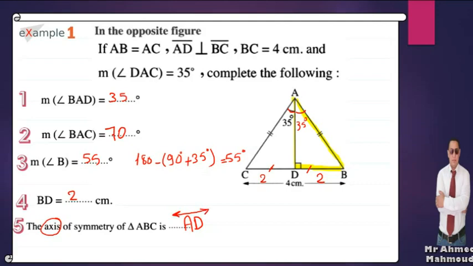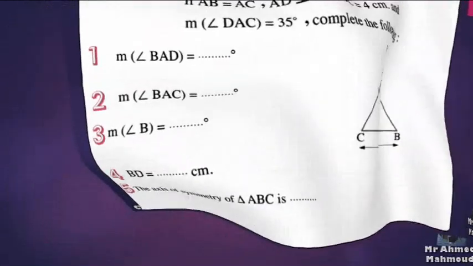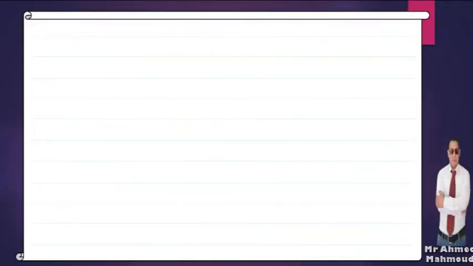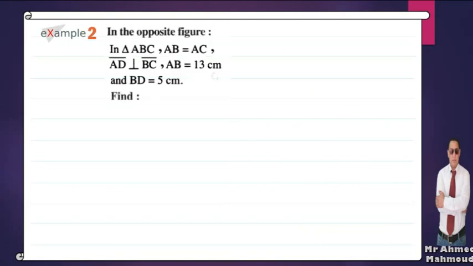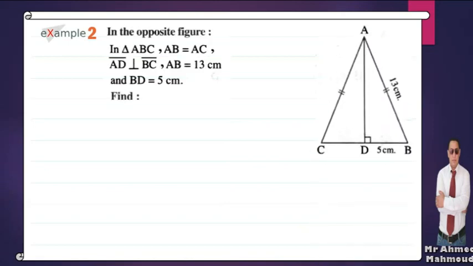Okay, let's solve the next one. Example 2. In the opposite figure, as we see here, AB equals AC, that means we have an isosceles triangle, and AD is perpendicular to BC. Here we have AD perpendicular to BC. This is the given here.